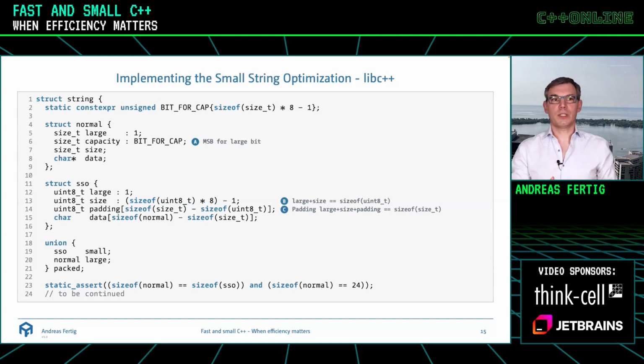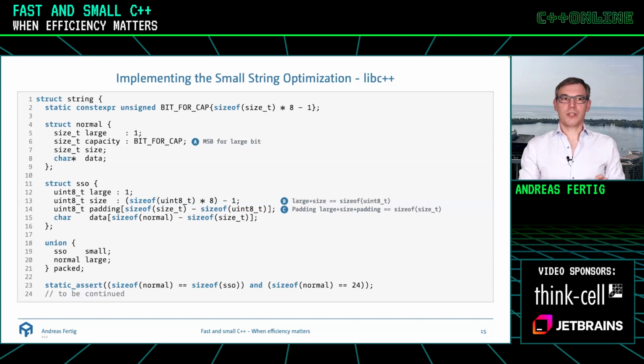Normal starts with a single bit field, bit large, of type size_t, followed by a size_t bit field capacity, and that one has the number of bits of a size_t minus 1 because we just spent one on large. Followed by a size_t for size, followed by a char star data.